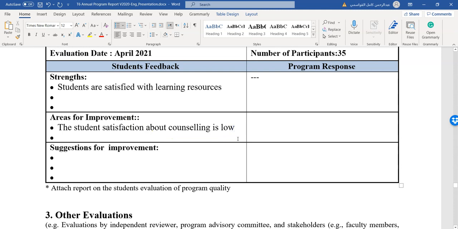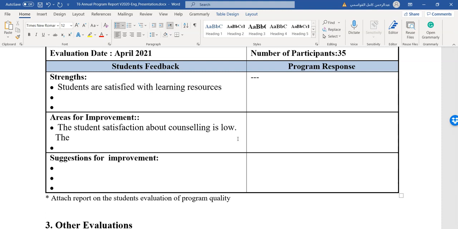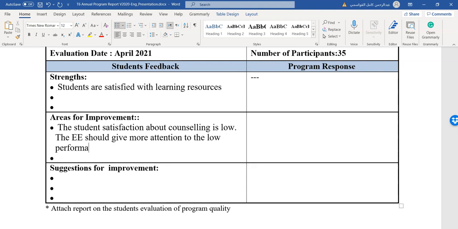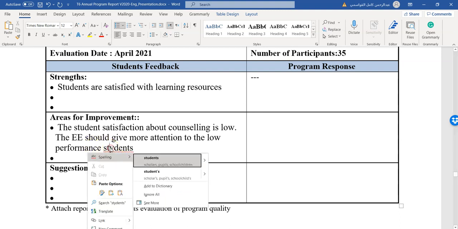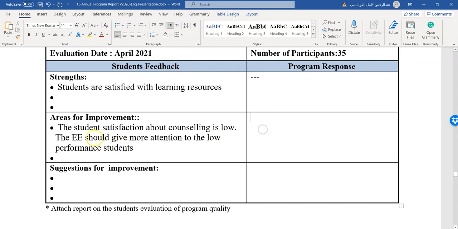So in this case, the program should give more attention to the low performance students. This is from students, and this is the response.